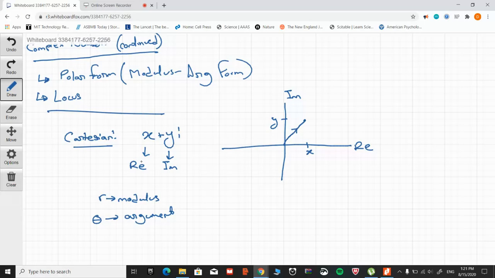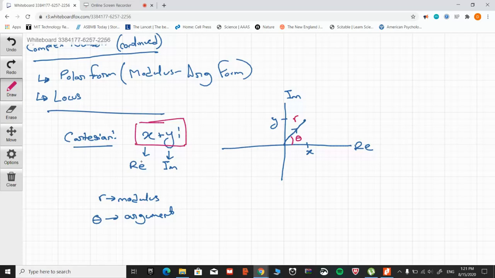However, this form involves x and y, the Cartesian form. But the other form that we'll be talking about, which involves the modulus and argument, do not quite involve these guys, but involve what we call the modulus, which is the length of this line, and the argument, theta, which is this angle. Now the question is, how do we go from this particular form to the polar form, the modulus argument form, meaning how do we introduce the values of r and theta?